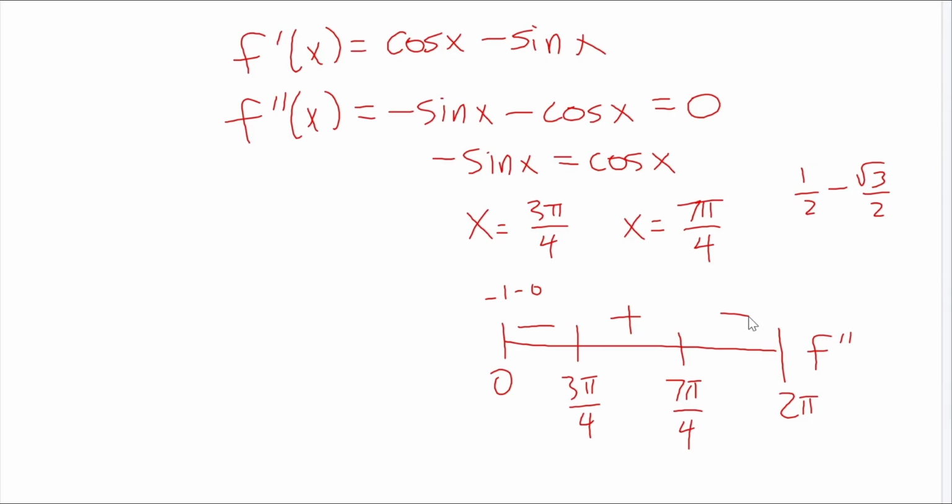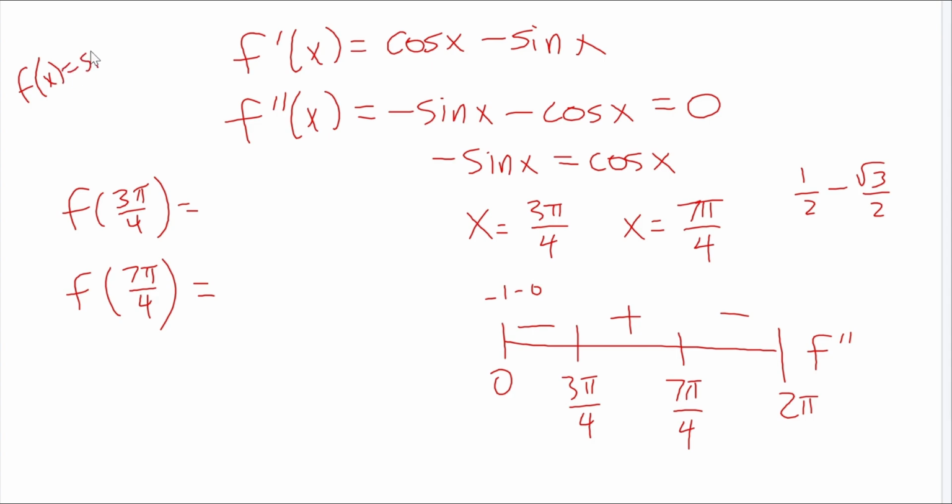And of course, we'll want to find the values at 3 pi over 4 and at 7 pi over 4, so we can see what the actual points of inflection themselves are. And so if we do f of 3 pi over 4, well, remember that f of x was sine x plus cosine x.